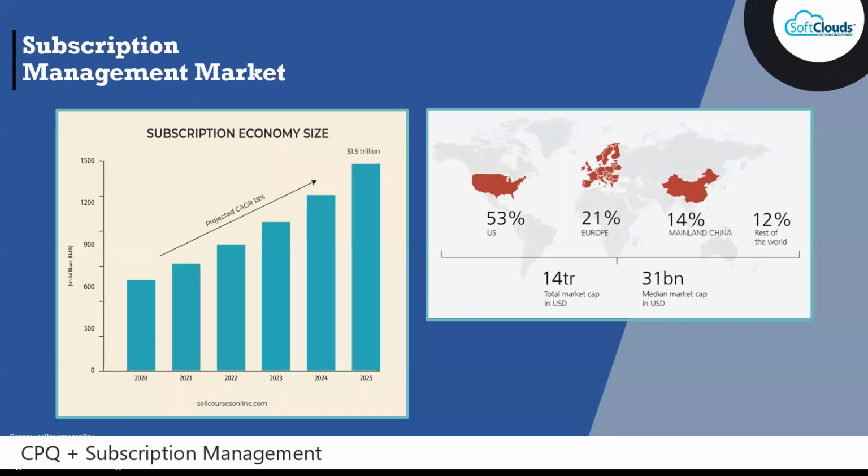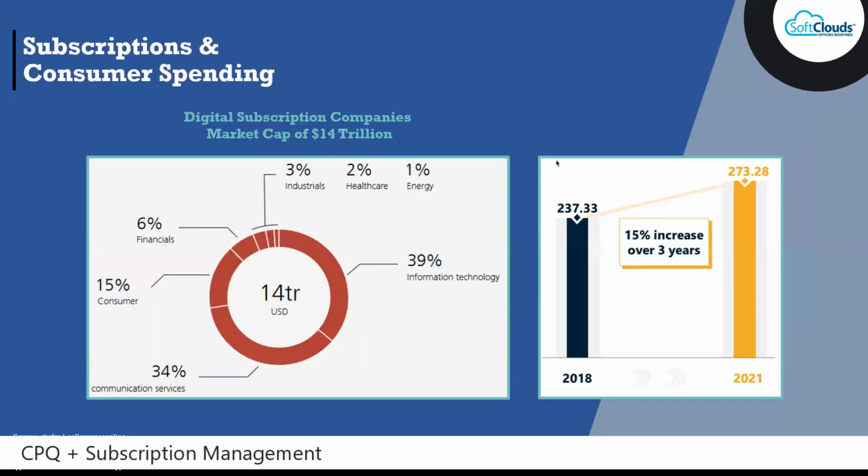Part of this, obviously, in 2021, 22 was driven by the pandemic. People weren't going out to buy things, but they wanted things, and they started subscribing to things in greater volume. And we can see here where different areas or different components of the subscription economy exist.